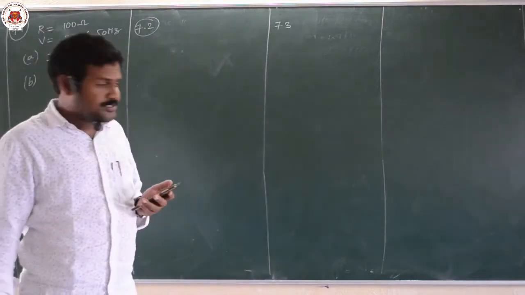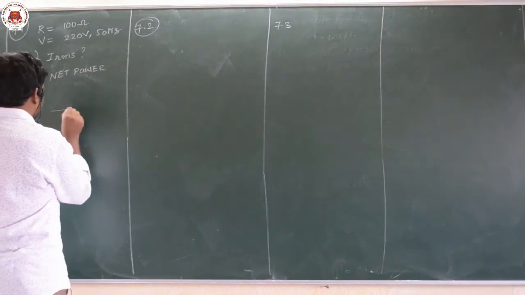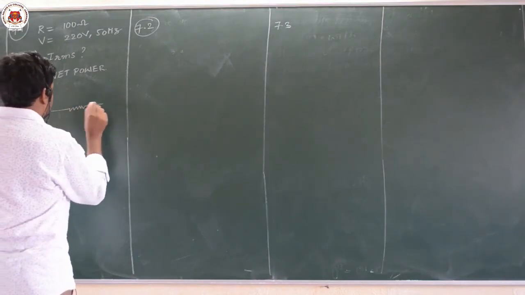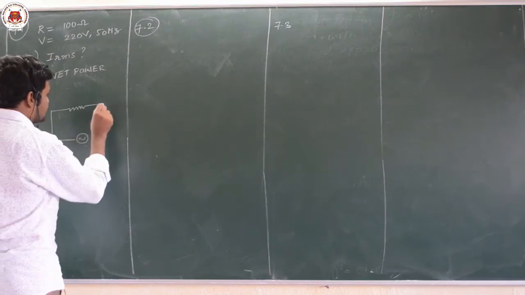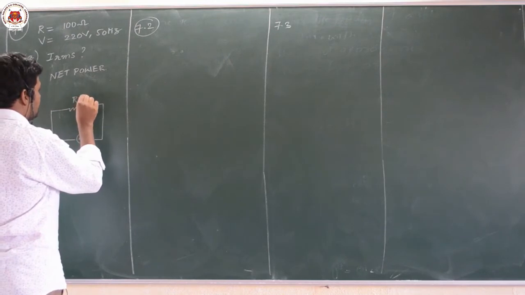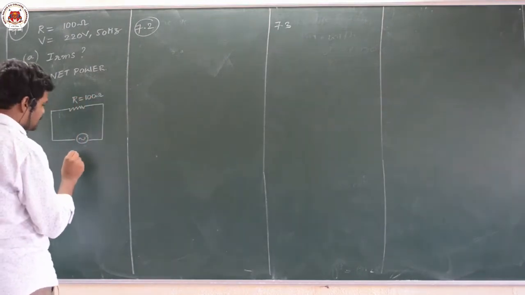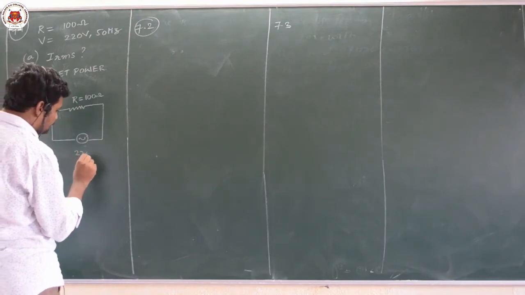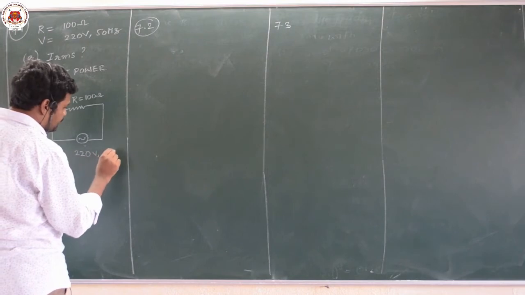The question given is a resistor R equal to 100 ohms connected to an AC source of 220 volts, 50 hertz.